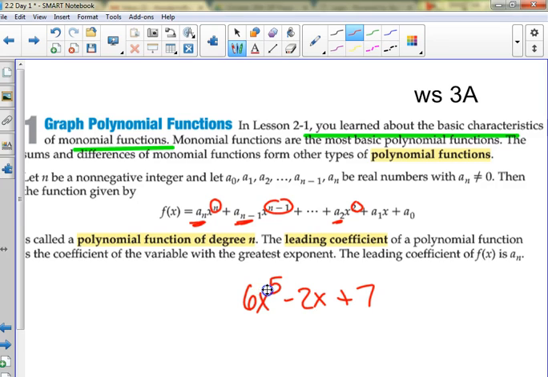We're going to talk about degree. Its degree is the highest exponent, so it's degree 5. Everybody okay? The leading coefficient is the coefficient on the term of highest degree, so the leading coefficient here is a 6.